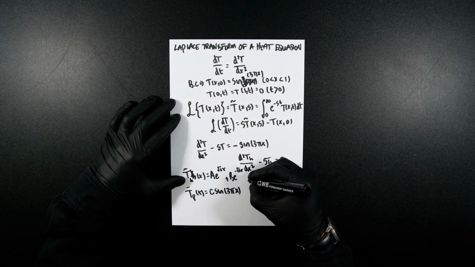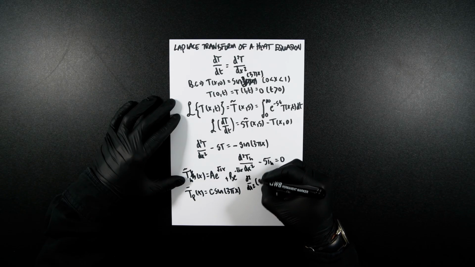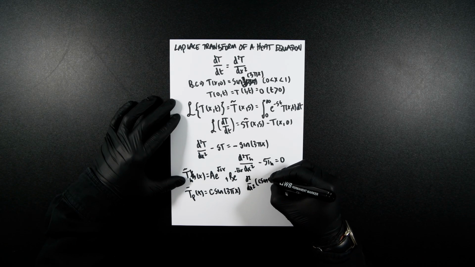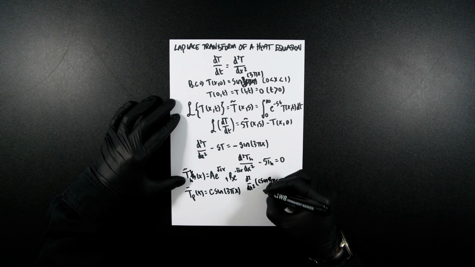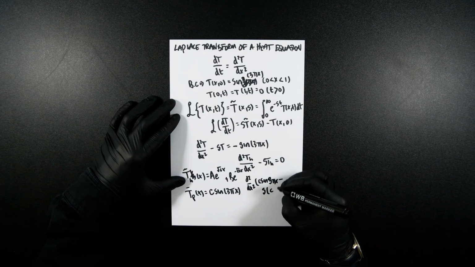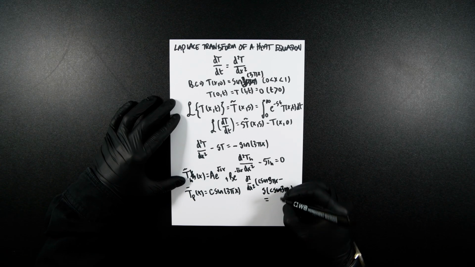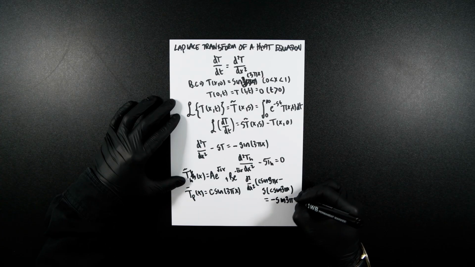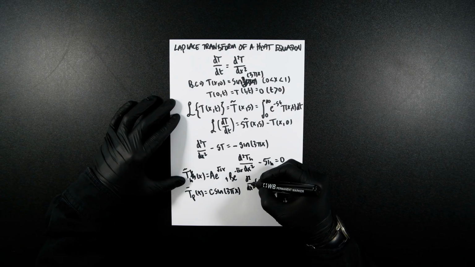So you're going to now get d squared over dx squared of C sine 3 pi x minus s C sine 3 pi x, which is going to equal minus sine 3 pi x. That's a double differentiation, and we're going to crack into that.